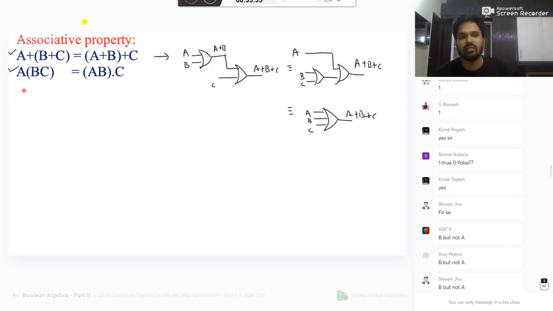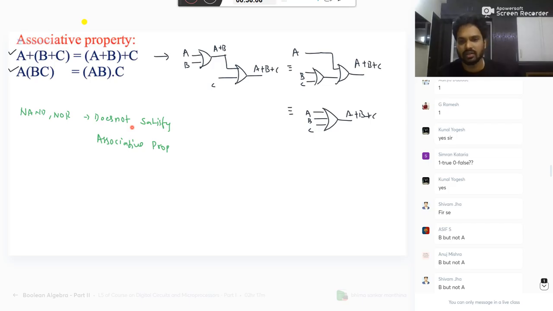So next, which will not satisfy this associative property? Listen. NAND and NOR do not satisfy the associative property.